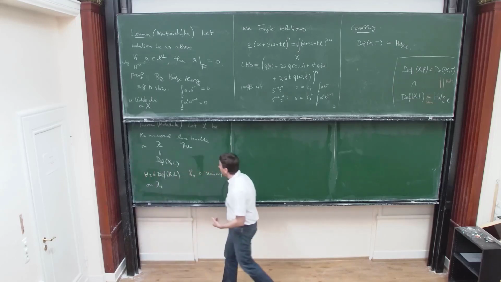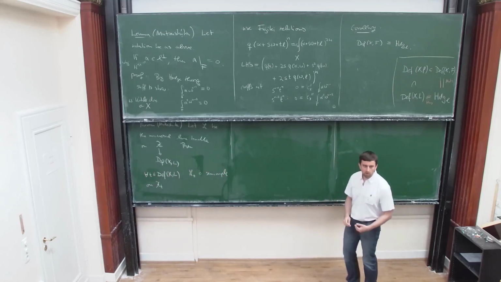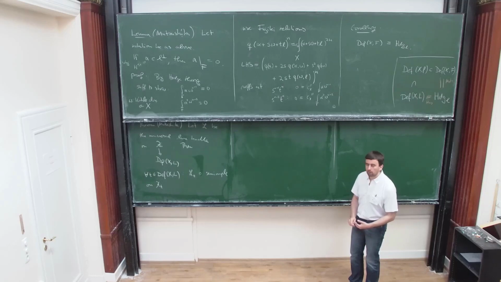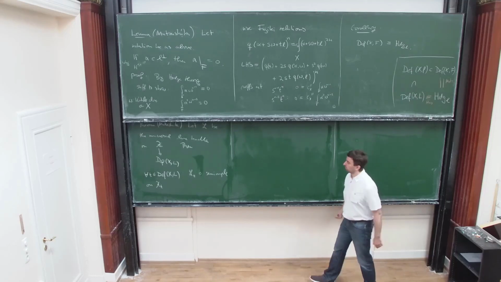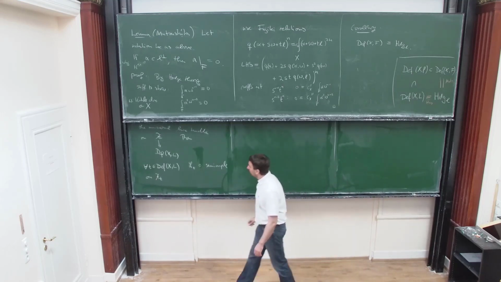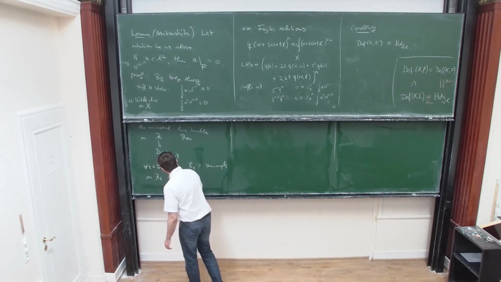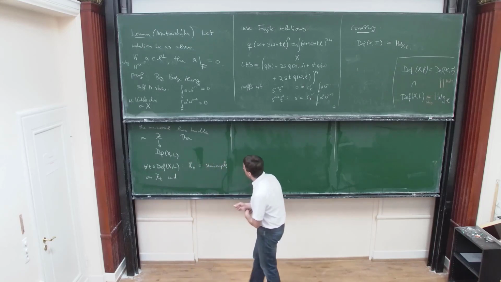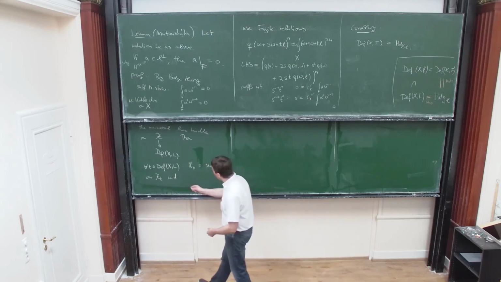So recall semi-ample tells you that some multiple of this line bundle is base point free and therefore gives a map to some projective space. So the second part is just a direct consequence of the first part.